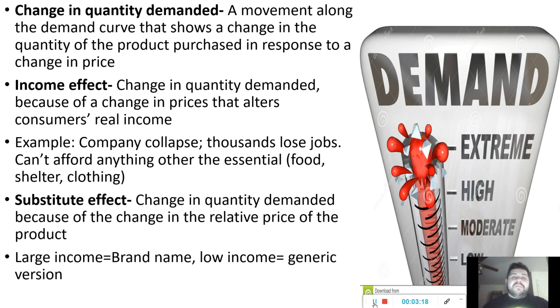Now we come to the substitute effect. This is a change in quantity demanded because of a change in the relative price of the product. Something that's really expensive here, you find the same thing basically down here. When you have a large income, a lot of money, you want to buy that high-end stuff, really expensive things. Maybe not too expensive, but just enough, better quality than what you're used to. But if you lose your job and your money is tight, you're going to go generic.